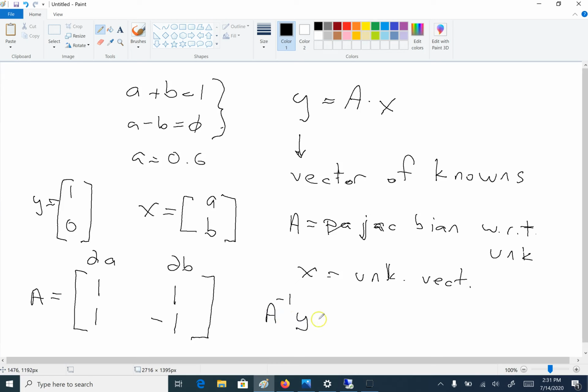So A inverse times y equals A inverse times A times x. And A inverse times A is just an identity matrix. So if we have a unique solution, the solution is going to be A inverse times y.